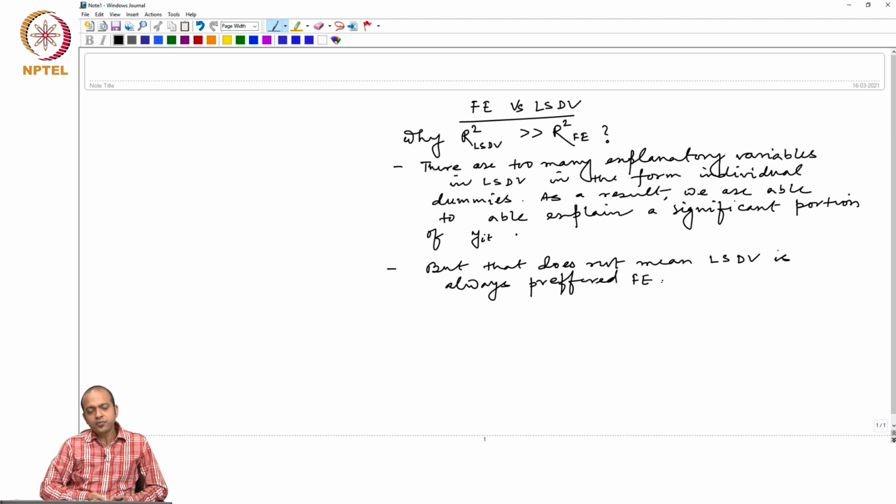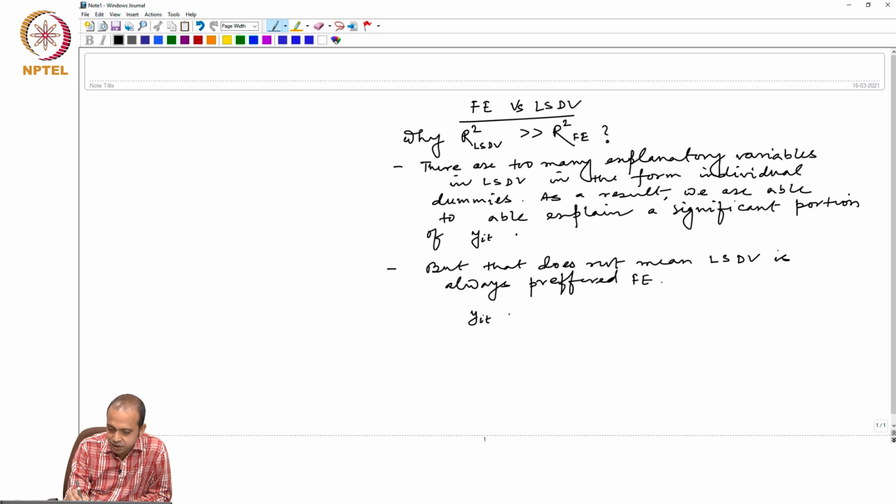Now, in the fixed effect model, when we write our equation, Y_it equals beta 1 X_it plus A_i plus U_it.